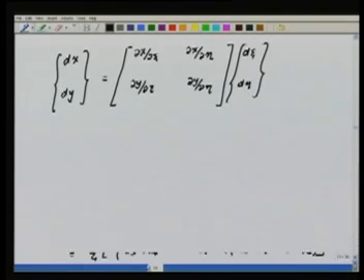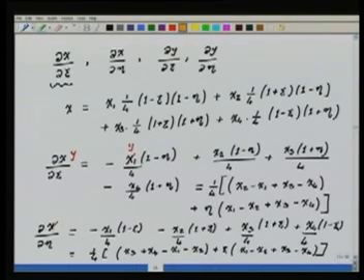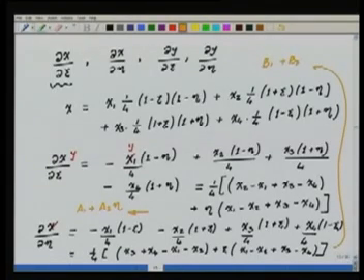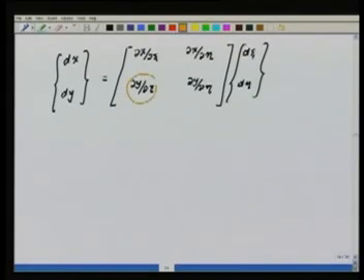If I go back and look at this one, I can write this expression as something like a1 plus a2 η, and this expression as b1 plus b2 ξ. And we'll say this one is going to be c1 plus c2 η, and this one is going to be d1 plus d2 ξ.